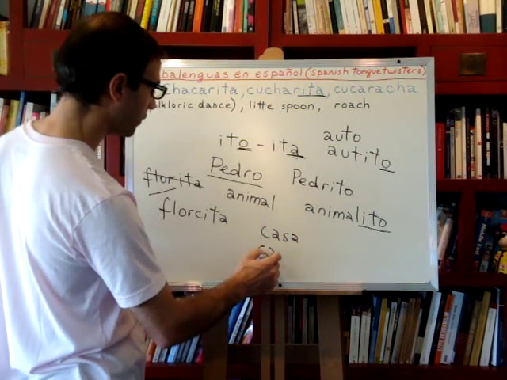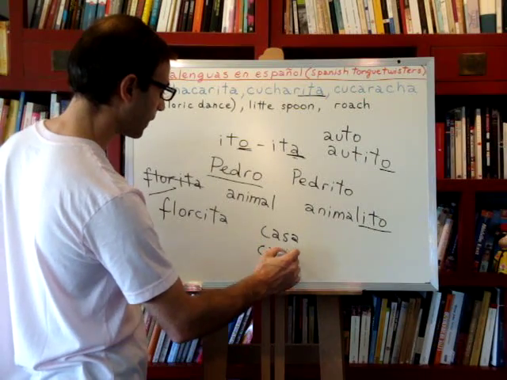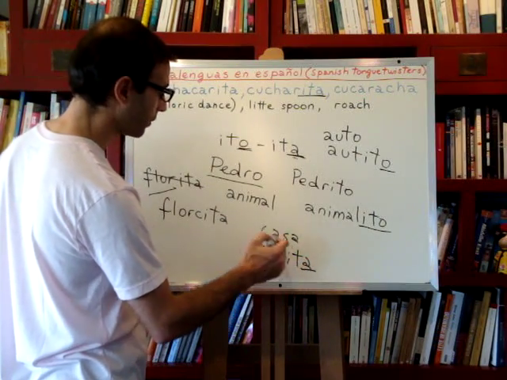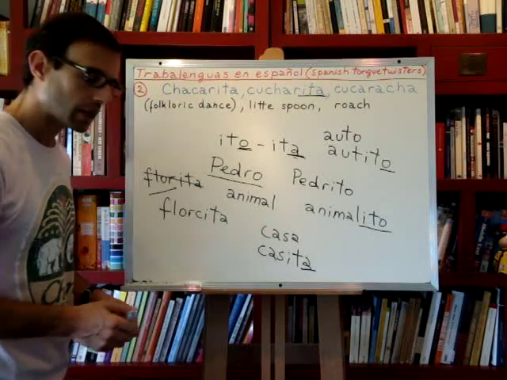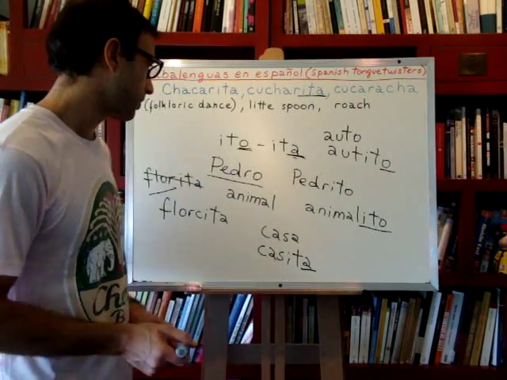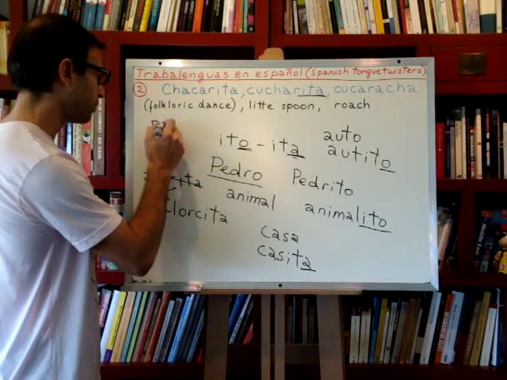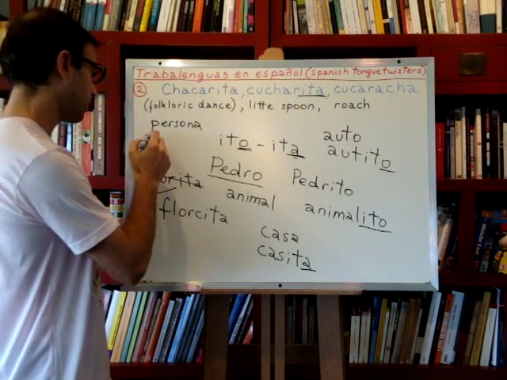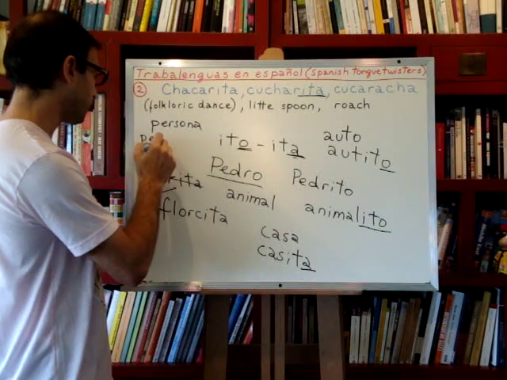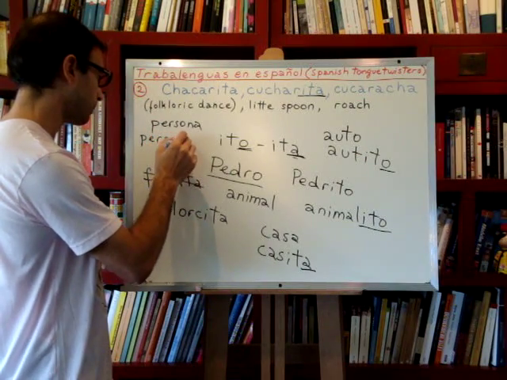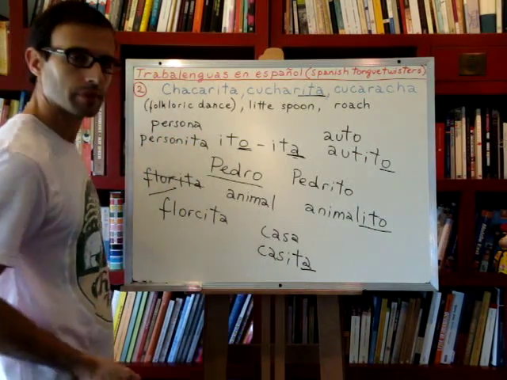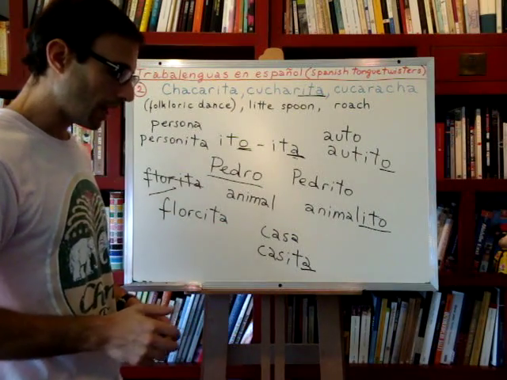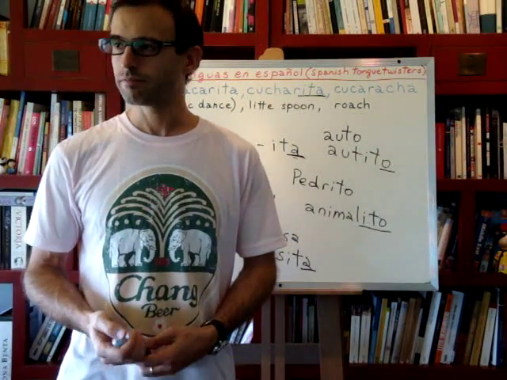A small house is casita. Casita, remember, house is a feminine noun. A small person, okay? Remember, person is persona. Persona. So, small person would be personita. Personita. Right?